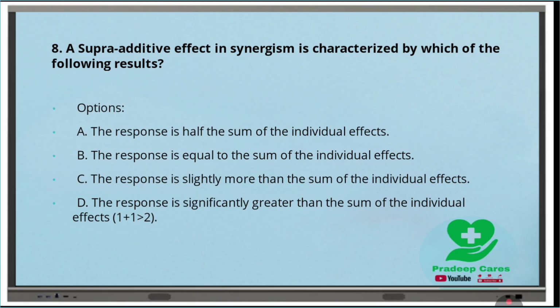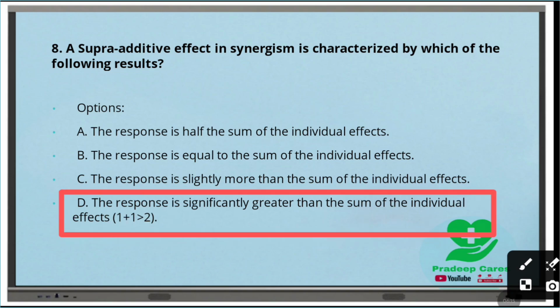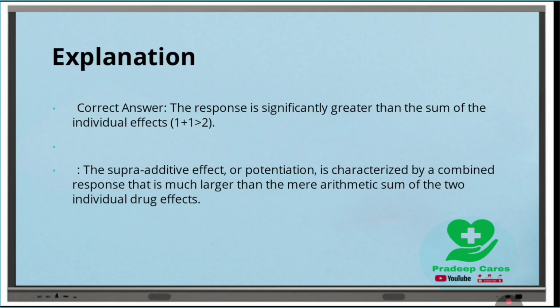And option D, the response is significantly greater than the sum of individual effects. 1 plus 1 is greater than 2. And the correct answer for the question is option number D. Explanation. The supra-additive effect or potentiation is characterized by a combined response that is much larger than the mere arithmetic sum of the two individual drug effects.